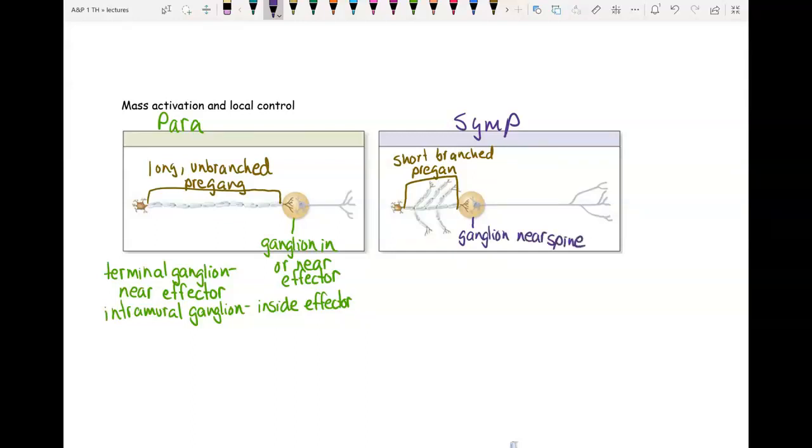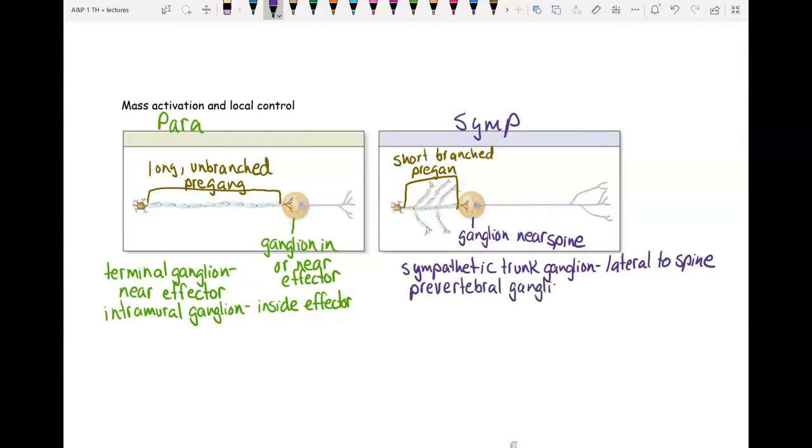So you can have a sympathetic trunk ganglion, which is going to be lateral to the spine, or you can have a prevertebral ganglion, which is anterior to the spine.